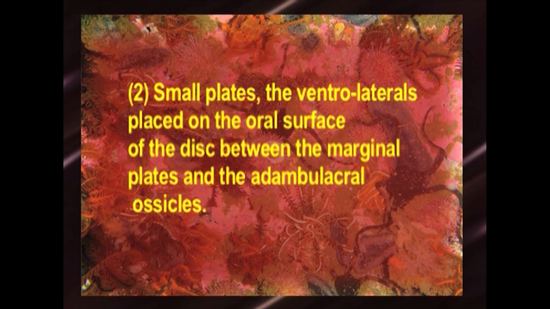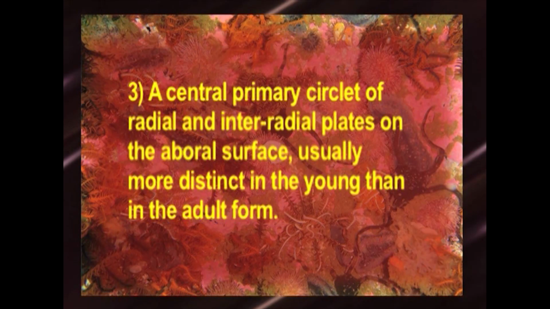Small plates, the ventrolaterals, placed on the oral surface of the disc between the marginal plates and the adambulacral ossicles. And number 3. A central primary circlet of the radial and interradial plates on the aboral surface, usually more distinct in the young than in the adult form.